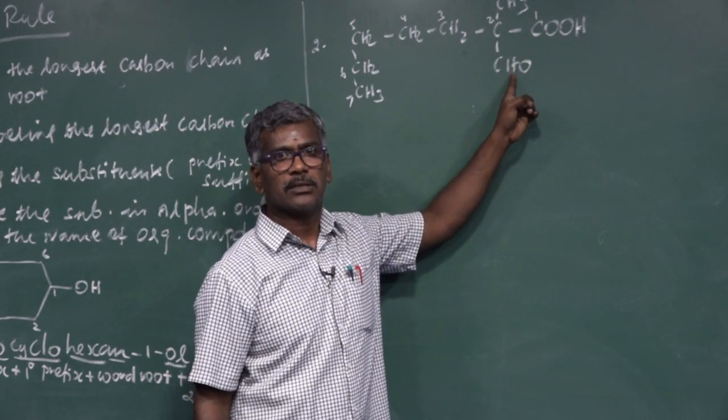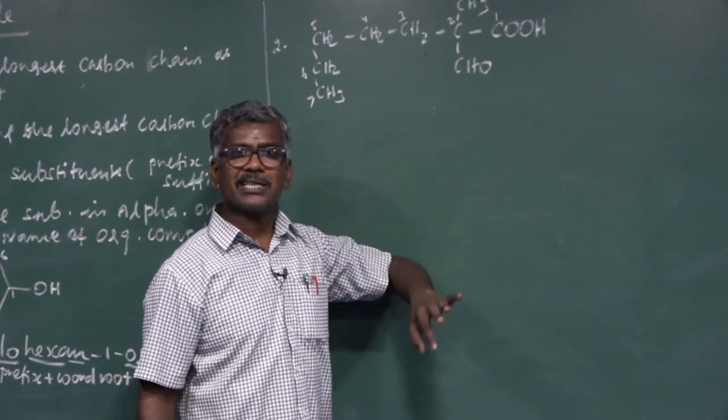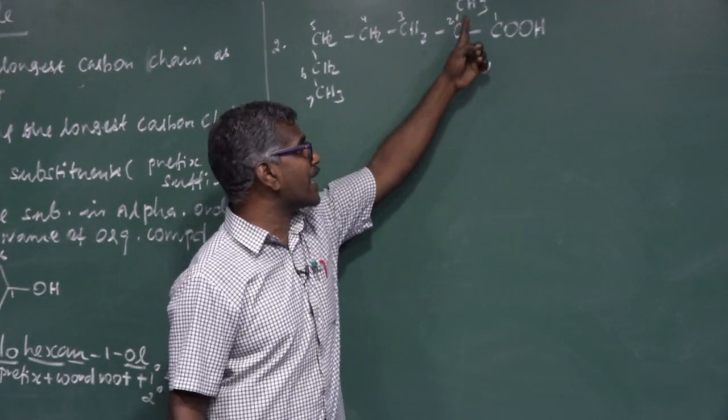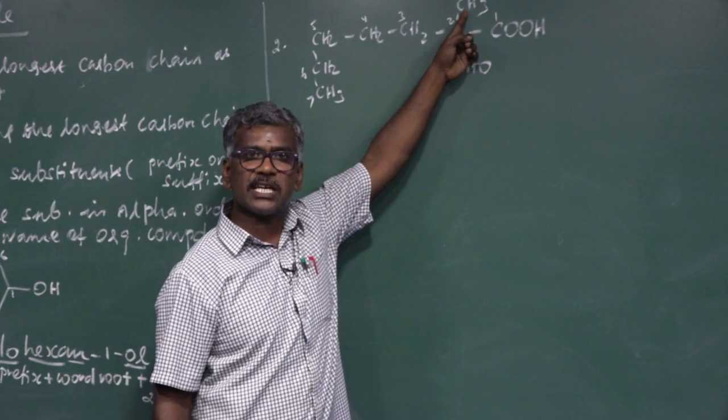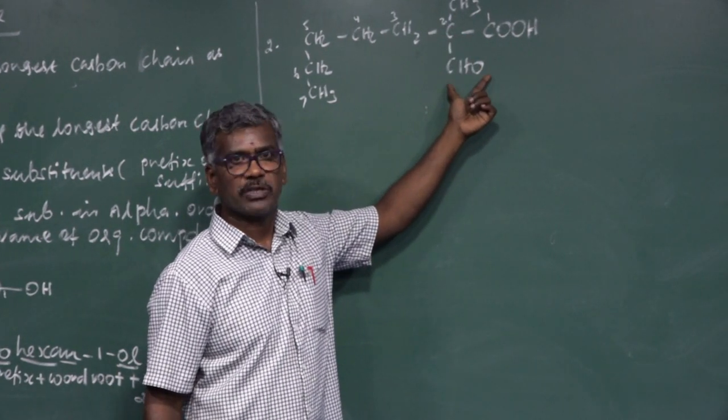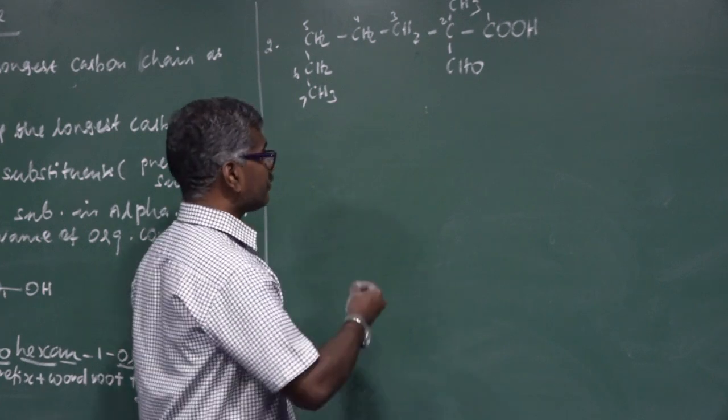The aldehyde substituent is a formyl. The two substituents are written in alphabetical order. This one is formyl, this one is methyl. Methyl's first letter is M, formyl's first letter is F, so formyl comes first.